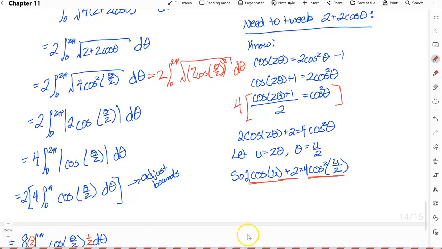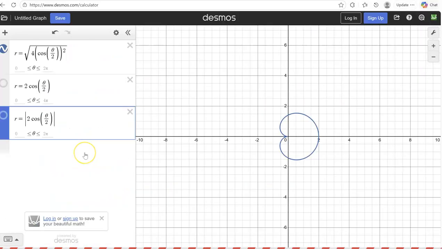If I were to graph that function, it's going to have positive and negative values. So I'm in Desmos, and I'm looking at r equals the square root of 4 cosine of theta over 2 quantity squared. So that's what that graph looks like. That looks like what we started with in that very first step.